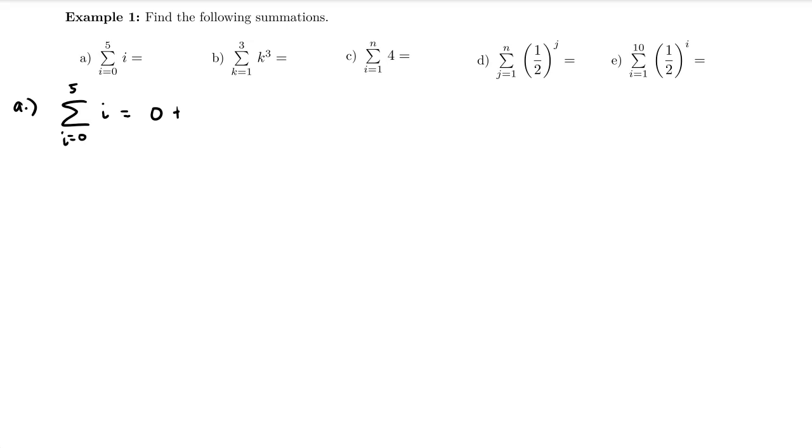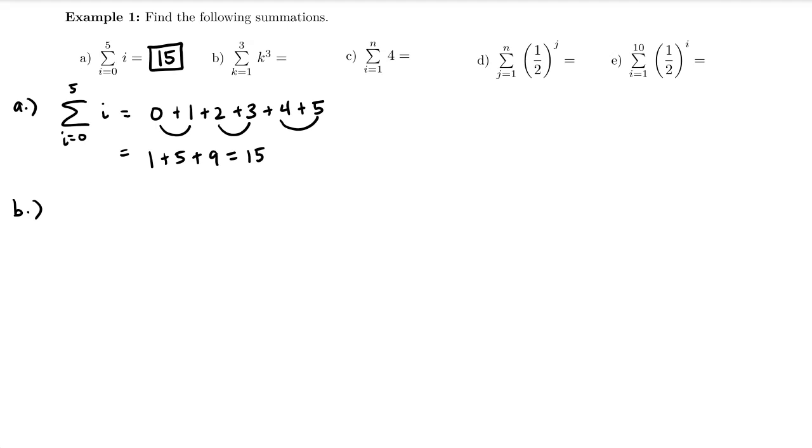The next integer after 0 is 1, so I add 1, plus my next integer 2, plus 3, and I continue until I hit my upper index, which here is 5. Now I add all of these values together. 4 plus 5 is 9, 2 plus 3 is 5, and 0 plus 1 is 1, so I have 1 plus 5 plus 9, which gives 15. So our final answer for part A is 15.